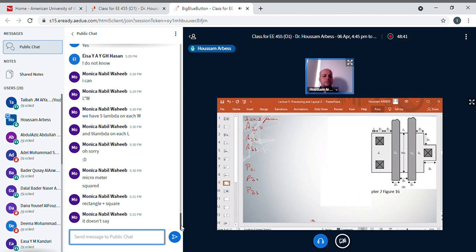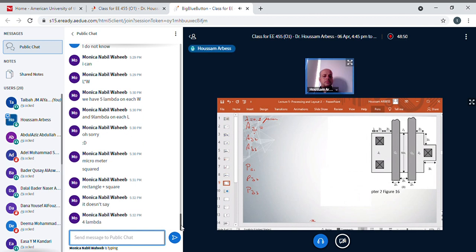From here to here is 3 lambda, and from here to here is also 3 lambda. So it remains for this one 4 lambda, correct? So this rectangle is 3 lambda multiplied by 4 lambda, plus 3 lambda multiplied by 4 lambda. So 2 lambda multiplied by 10 lambda is 20 lambda, plus 12 lambda. Is that correct?